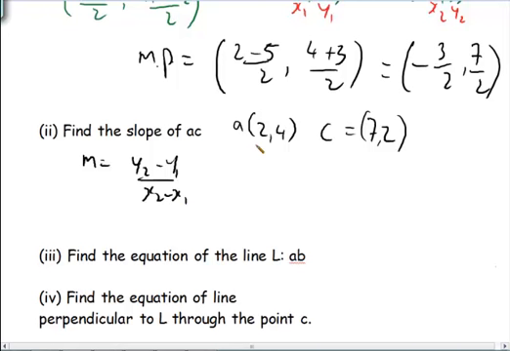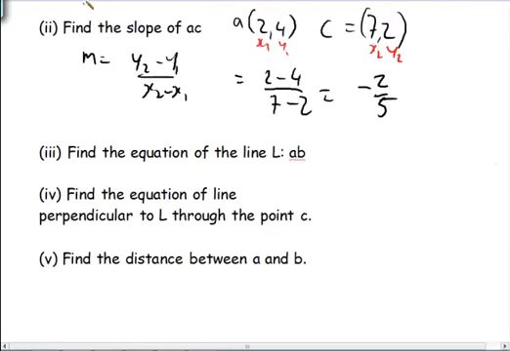Label the points, x1, y1, x2, y2. Fill in the points. So we have the slope is going to be equal to y2, which is 2 minus 4 over 7 minus 2. 2 minus 4 is equal to minus 2 over 5. So it's going to be minus 2 over 5. So that's the slope of AC.